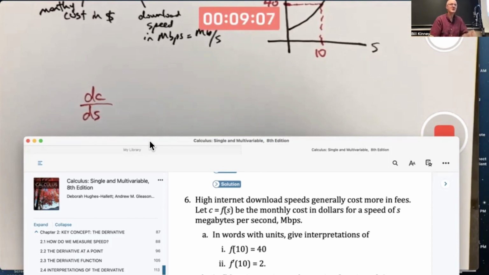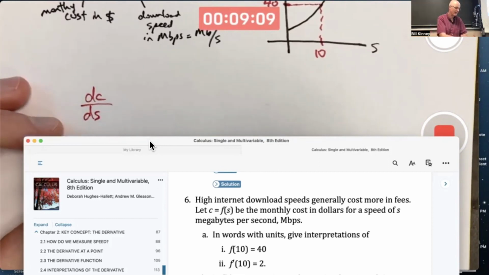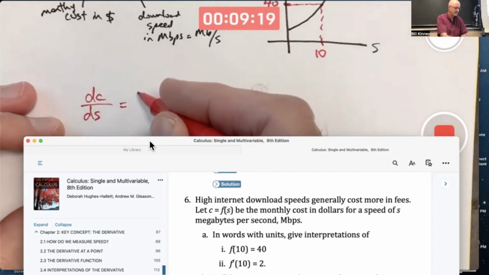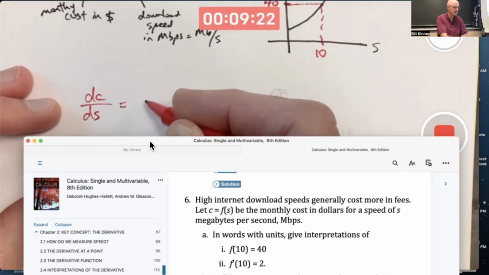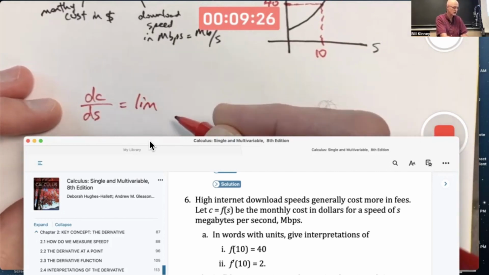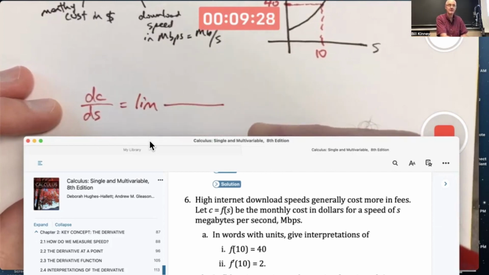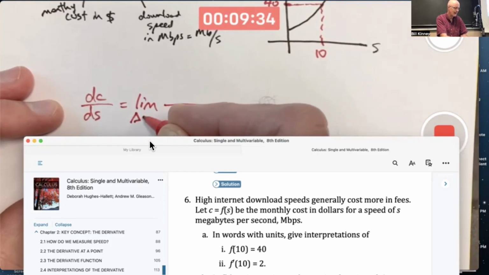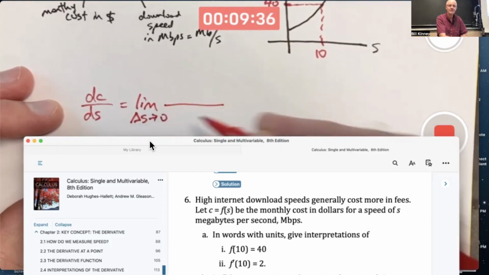Where does this notation come from, by the way? It is related to delta notation, right? Delta is the Greek version of D. It is related to the fact that, technically speaking, the derivative here is the limit we've typically written as h goes to 0 of a difference quotient. But to be suggestive, I'm going to let h be delta s.